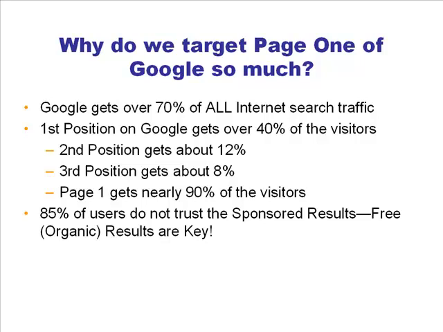Now, I'm going to show you in the next slide the difference between an organic search, or the free search, and what a paid-for search is. What Google says, and this is just repeating exactly what Google says, is that 85% of all searches go straight over the paid-for ads and end up in the organic searches.